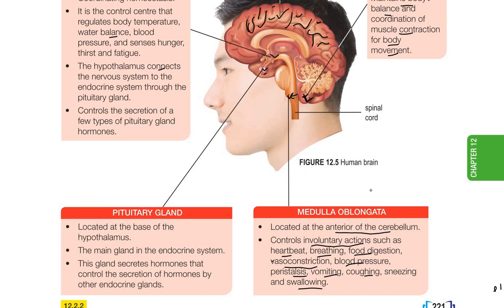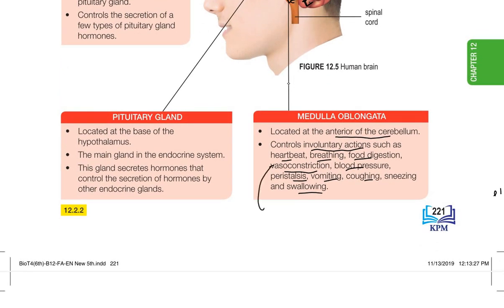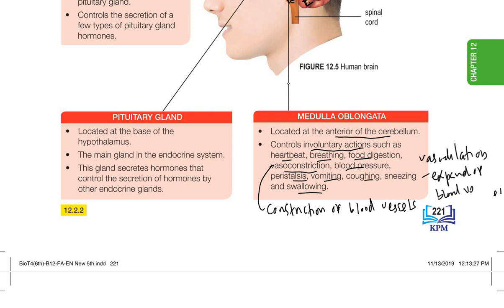So what is vasoconstriction? Vasoconstriction means the constriction of blood vessels. It may occur in certain situations, maybe during a cold, when our blood vessels will constrict. Our blood vessels can also expand, and expansion is known as vasodilation, the expansion of blood vessels.